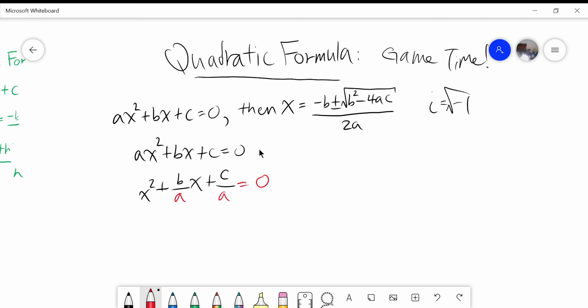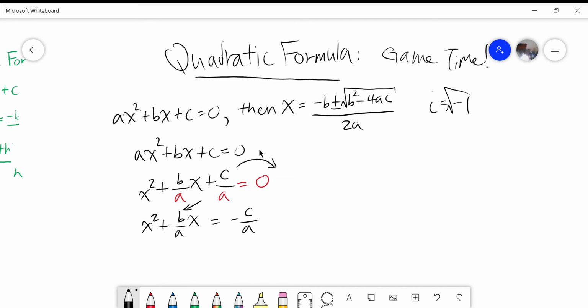Okay, now next we're going to move the c term right over here to the other side. So that leaves us with x squared plus b over a x equals negative c over a. Okay, next we will add to both sides the square of half of this term right over here.